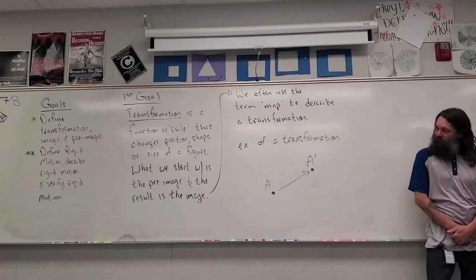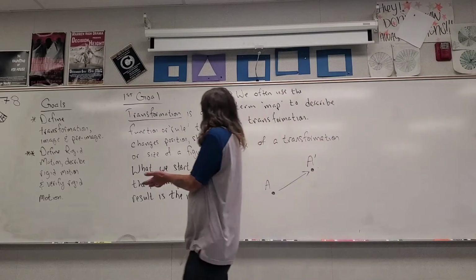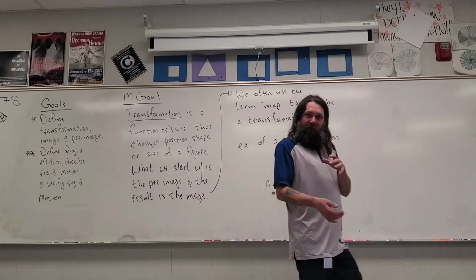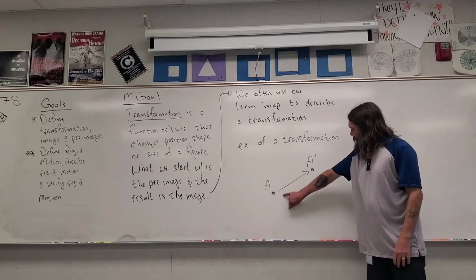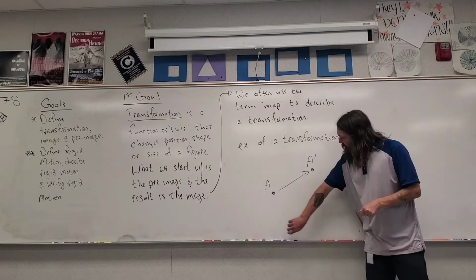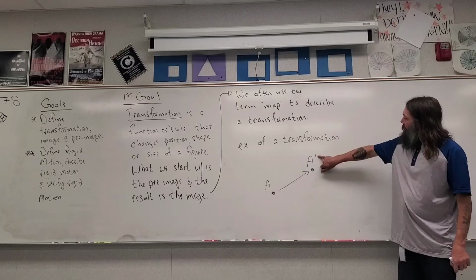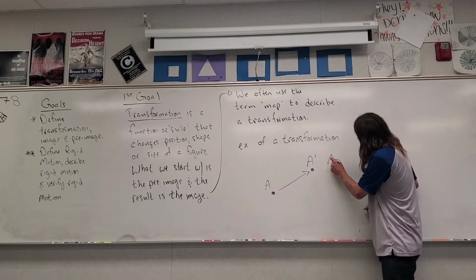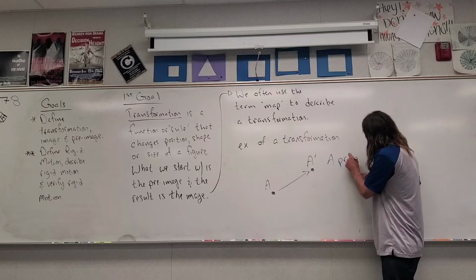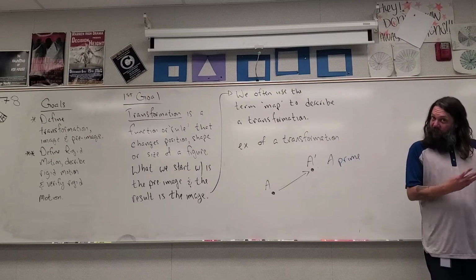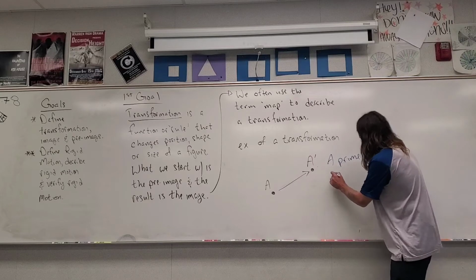Example of a transformation. Remember, it's a rule that changes position. So here I have a point that has been moved, its position has changed, and I want to talk a little bit about notation. This mark right here means that I have something called A prime. When you have A prime, I'm telling you that we have an image.